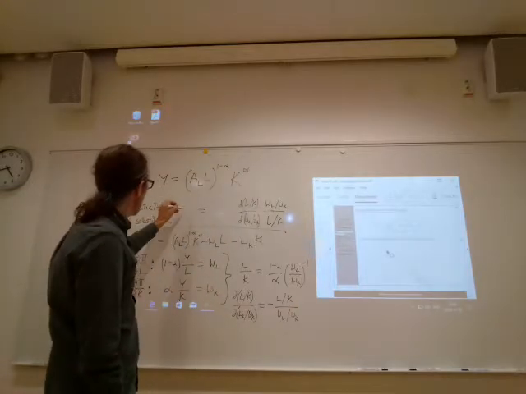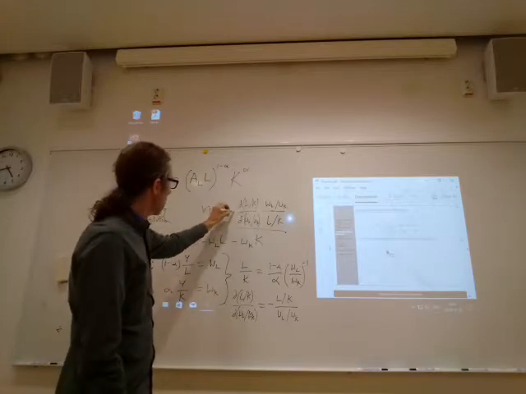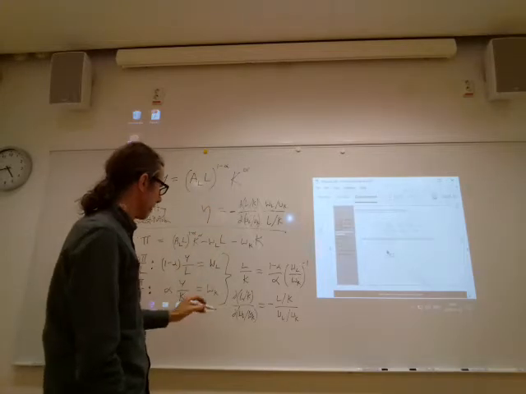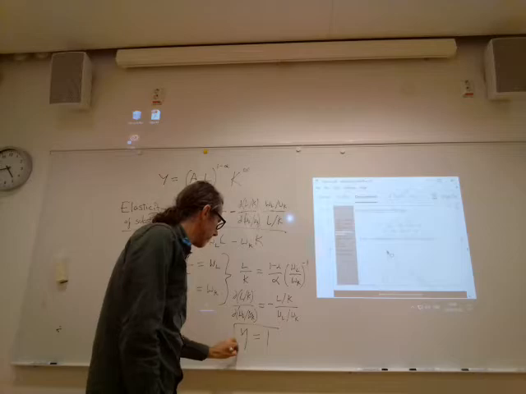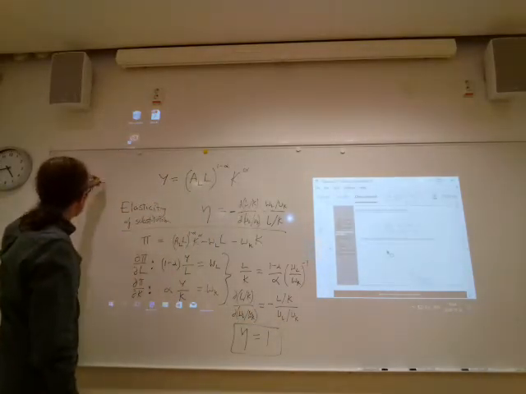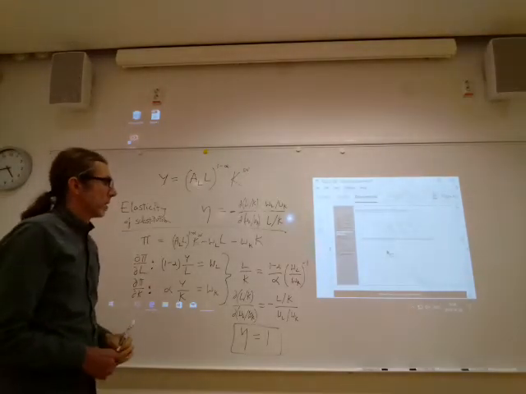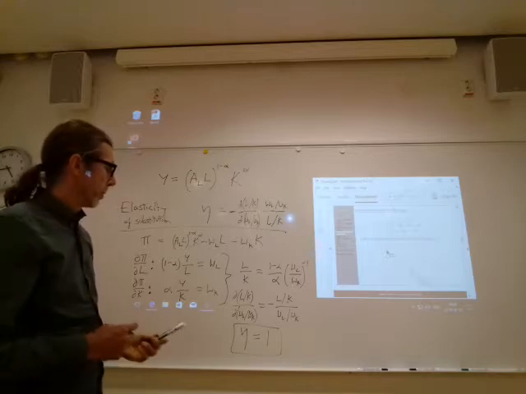And actually we put a minus sign here so that the value of it becomes positive. So then we can say that eta equals 1. This is eta. So the elasticity of substitution between the inputs is 1.